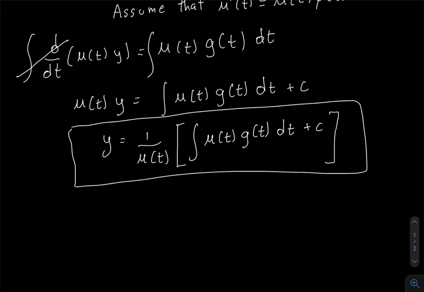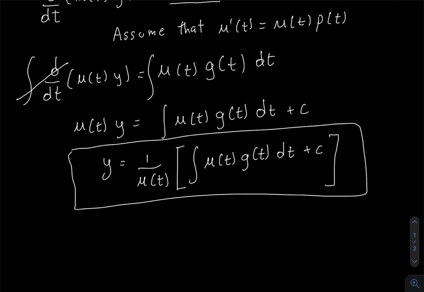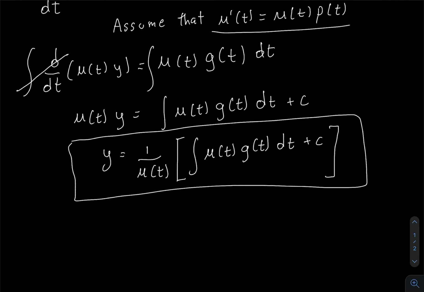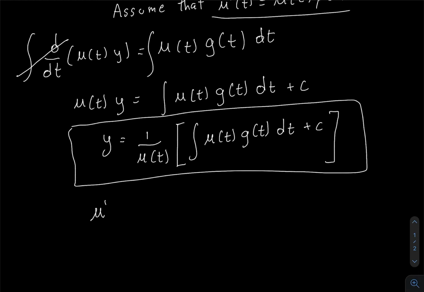But now you may ask, okay, this is a simple formula, but how do we get mu of t? Well, that's easy because remember what we assumed. So this was our assumption, that mu prime of t is equal to mu of t p of t, right?